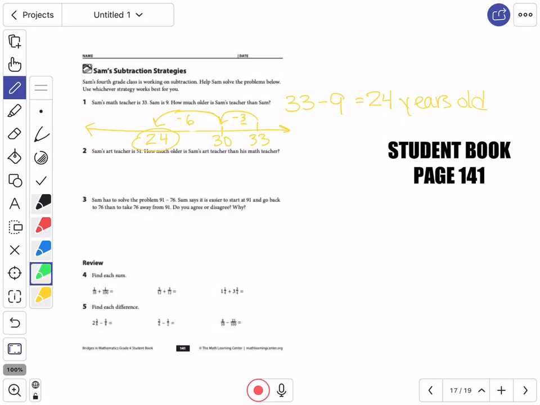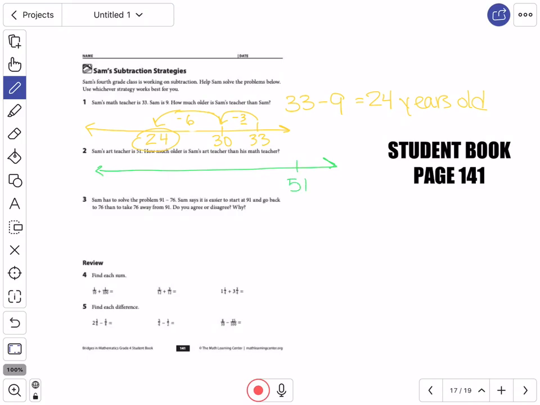Okay? Now, looking at the next problem. Sam's art teacher is 51. How much older is Sam's art teacher than his math teacher? All right, so his art teacher, then his math teacher. So I'm going to do this on a number line as well. So if his art teacher is 51 years old, okay?